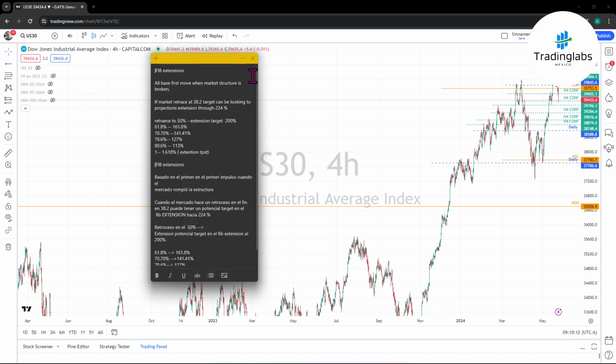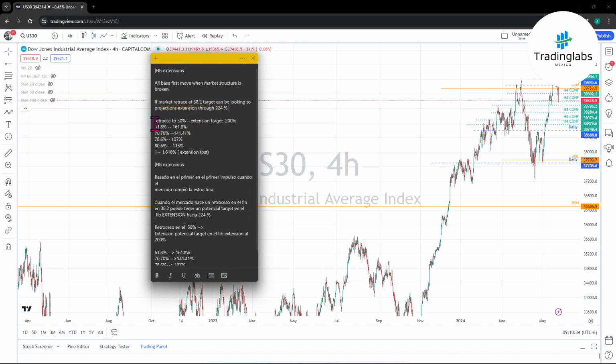So the Fibonacci tool is very important to know, to give you an additional confluence about where you are located. If, for example, the market retracement is at 38.2, it means that we can have a potential Fibonacci extension to 224%.